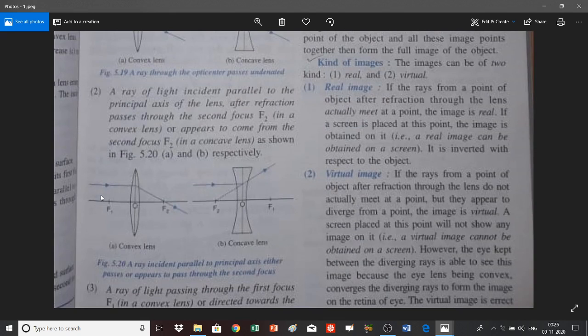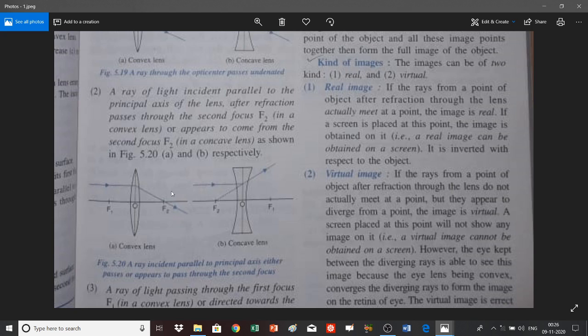The ray of light which is parallel to the principal axis always passes through the principal focus f2. Here is a parallel ray, parallel to the principal axis f1 f2, and after refraction through this lens, it will pass through the point f2.